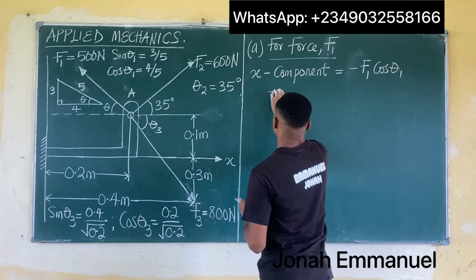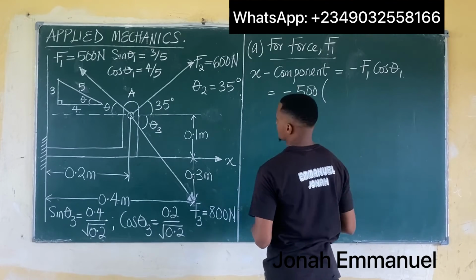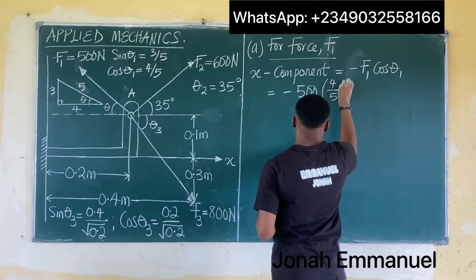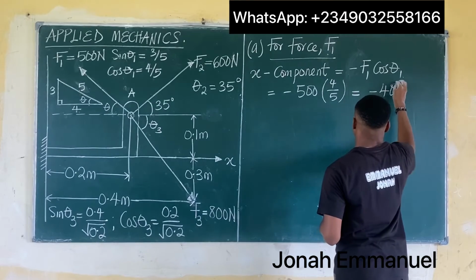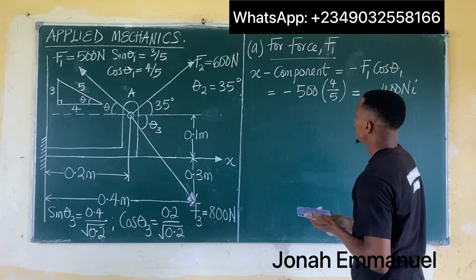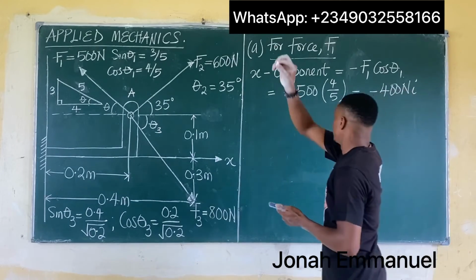And we had that as minus 500 cos theta 1. We said it's 4 over 5, and this is equal to minus 400 Newton I. So this is the x component of force 1.